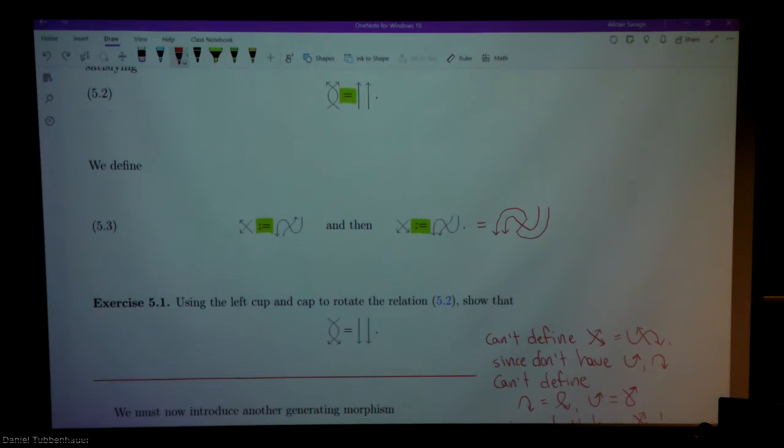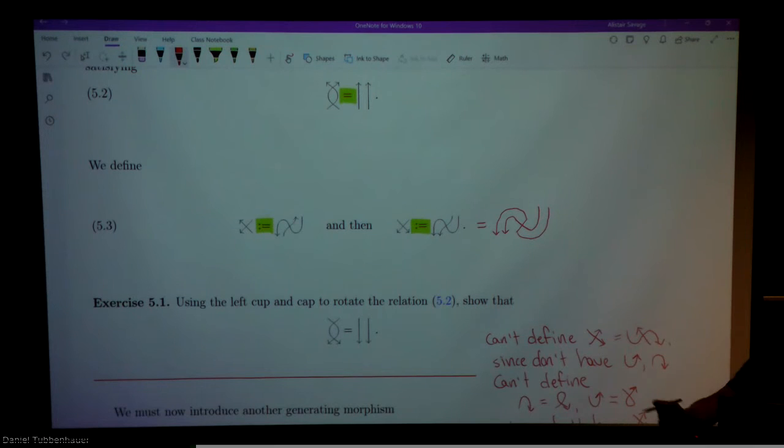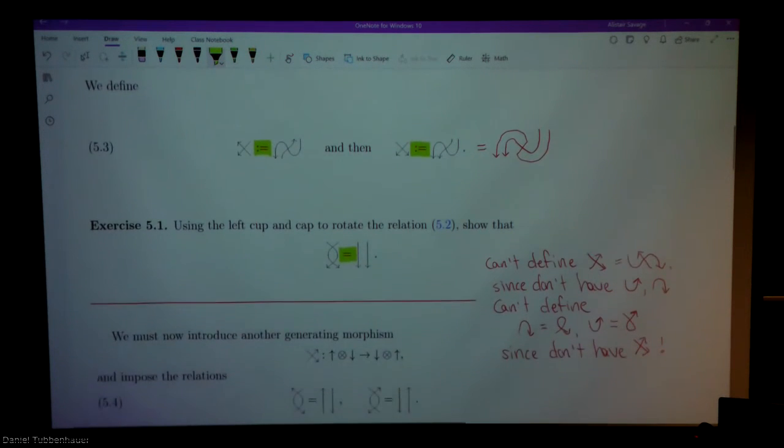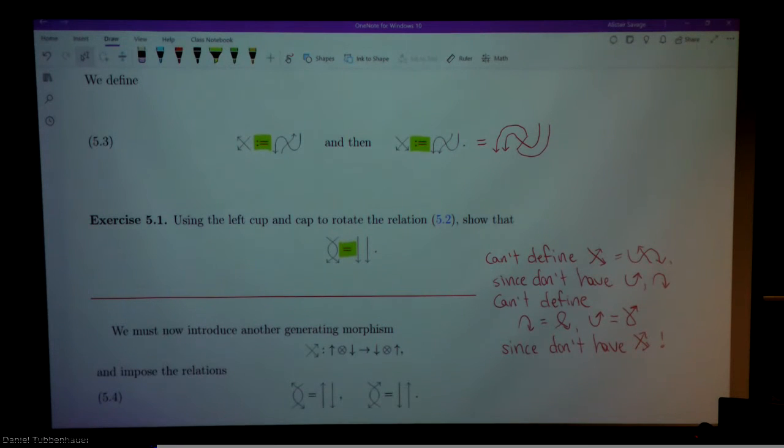You can take this relation 5.2, and you can attach caps and cups, and you can rotate this relation around, and you can get that the downward crossing already satisfies the relation you need it to satisfy in a symmetric monoidal category. So no more relations at this point yet that we have to add in. And we didn't add in any more generating morphisms either yet, because we just defined these ones this way. But then we reach the point where we have to make a choice.